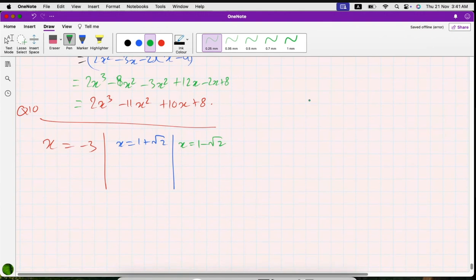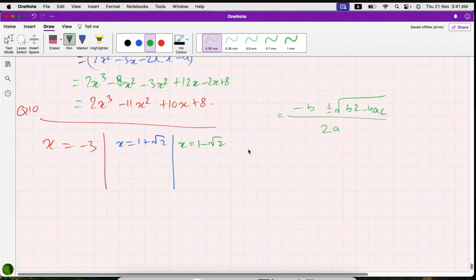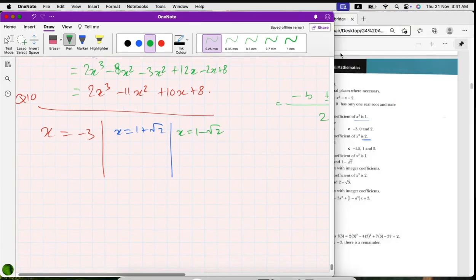I'm just having a quick look. Minus b plus or minus square root of b square minus 4ac over 2a. So the result is this. Let me just follow the exact same method.